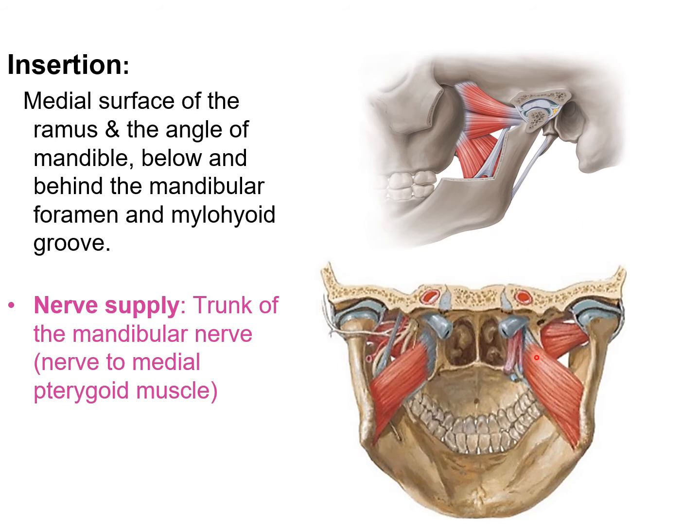Both the heads of the medial pterygoid pass backwards and laterally, getting inserted onto the medial surface of ramus of mandible and the angle of mandible, below and behind the mandibular foramen and the mylohyoid groove. The nerve supply to the medial pterygoid muscle is through the trunk of mandibular nerve, which gives nerve to medial pterygoid.